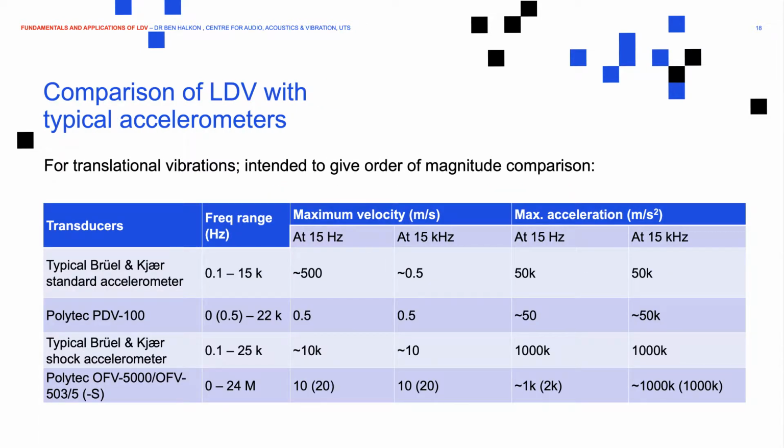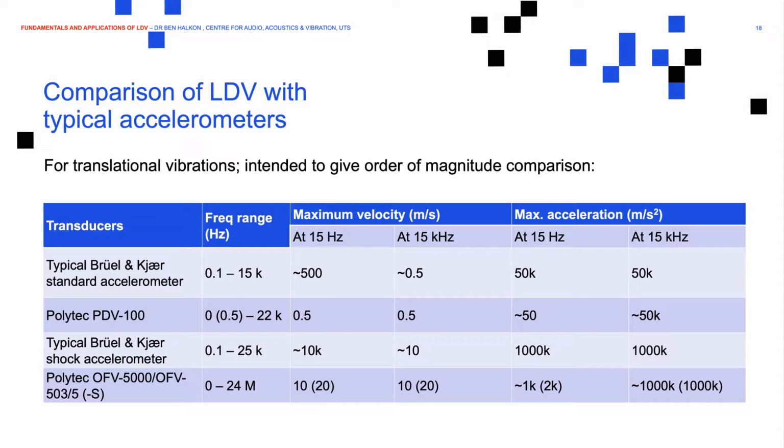I said contacting transducers, so here are some typical contacting transducers, and this is a comparison between the dynamic range of traditional accelerometers versus the introductory Polytec PDV 100 point and shoot digital vibrometer, of which we have three in the laboratory and we let students loose with, up to high-end shock accelerometers for high frequency, high acceleration applications, and our OFV 5000 FS system, which is a dual fiber head system that we also have in the laboratory.